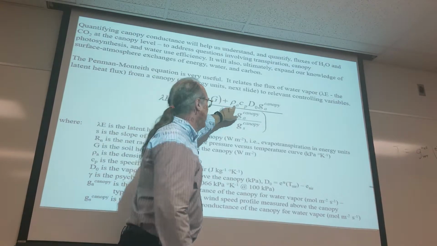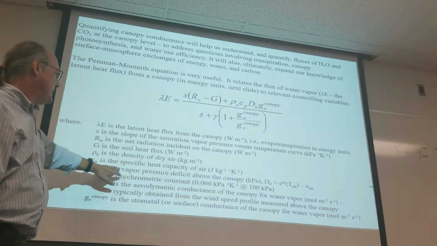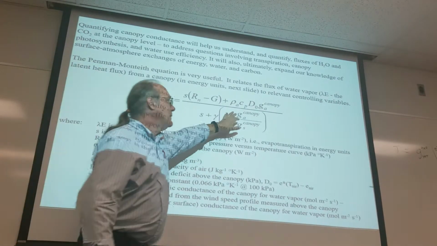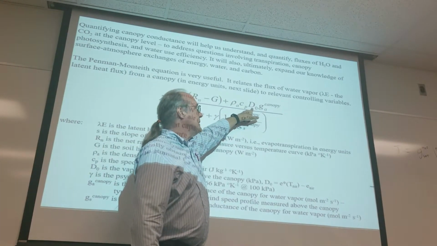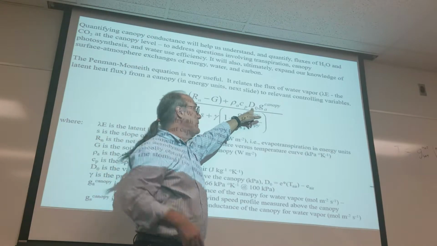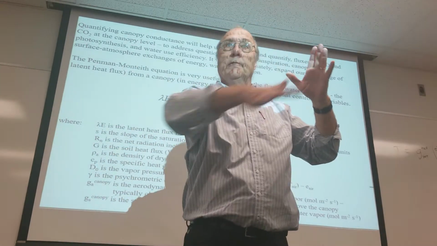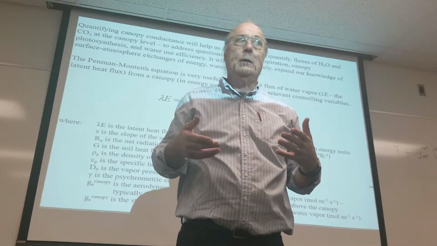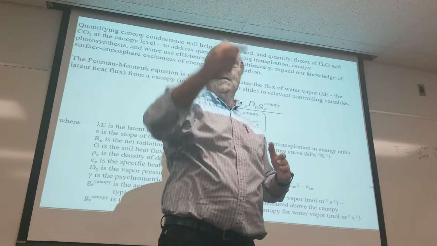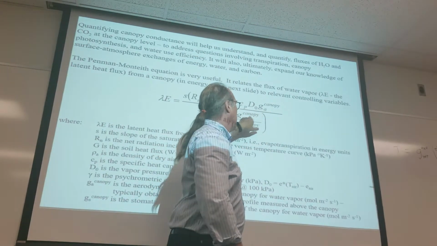Rho A is the density of dry air, CP the specific heat capacity of air. You know, things that are easily measurable. Vapor pressure deficit is determined at a reference height above the canopy. Aerodynamic conductance depends on the wind speed profile above the canopy, which is fairly easy to measure. You just put a series of anemometers above the canopy and you get the wind speed profile. So you can quantify this.